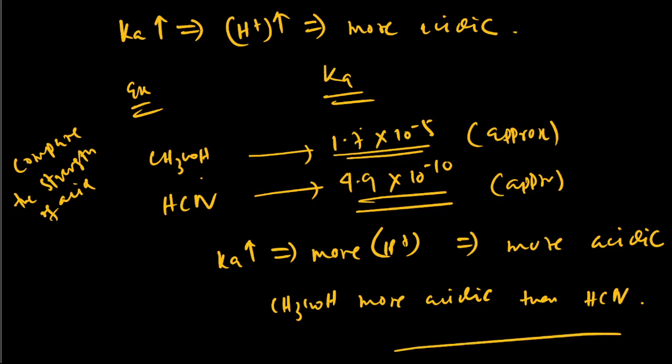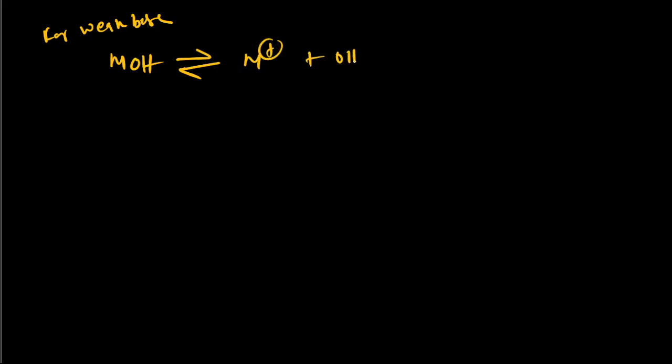Similarly, we can check for bases. Let us take a weak base. MOH gives M plus and OH minus.